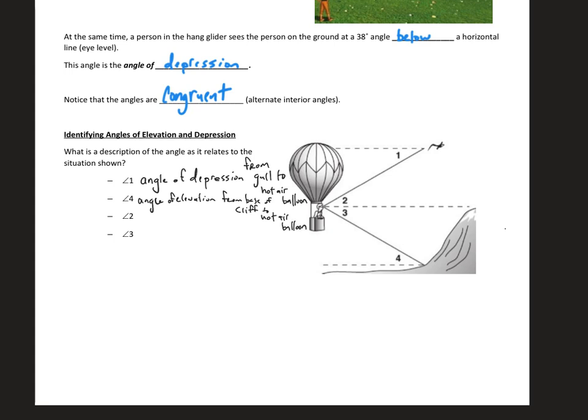Angle 2 is an angle of elevation, and that is from balloon to goal. And lastly, angle 3 is an angle of depression, and that is from the balloon to the base of a cliff.